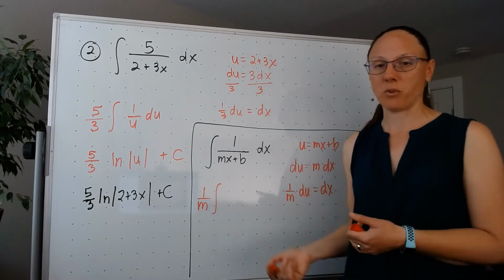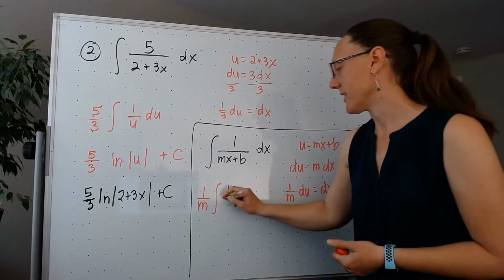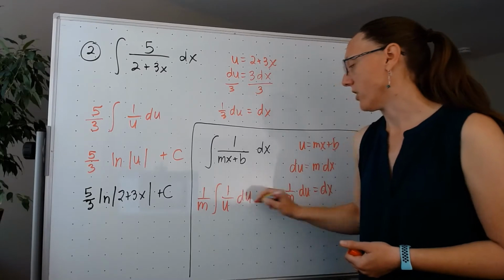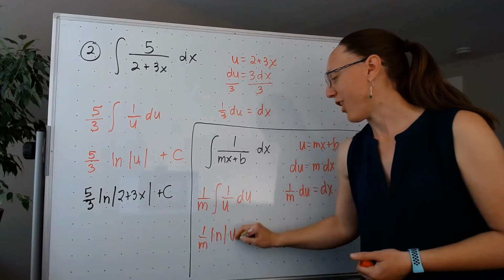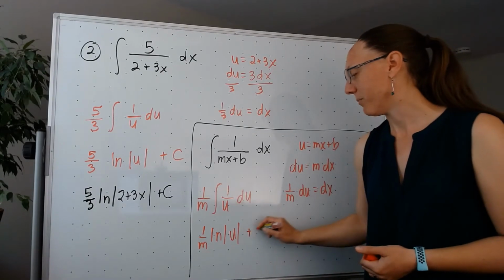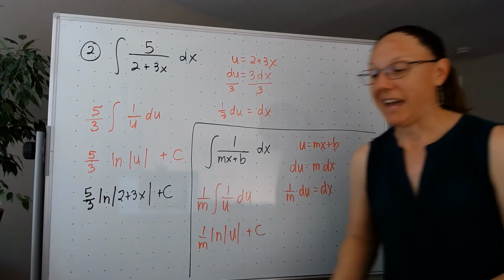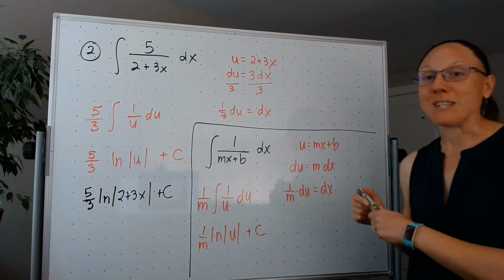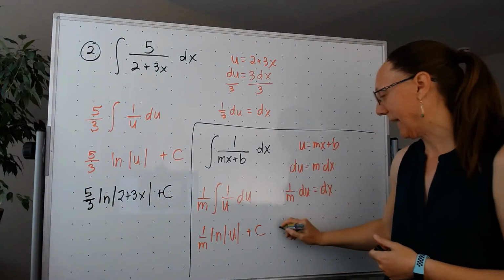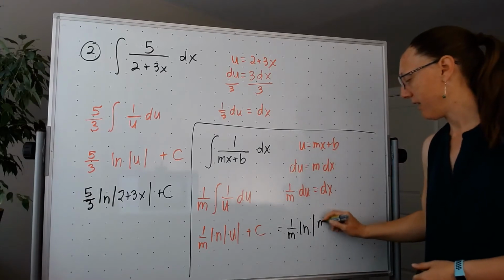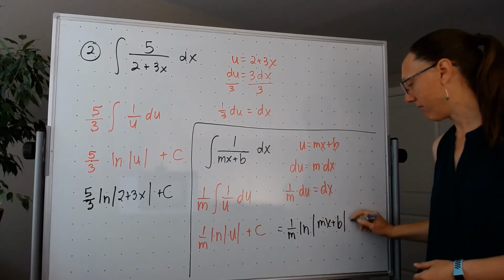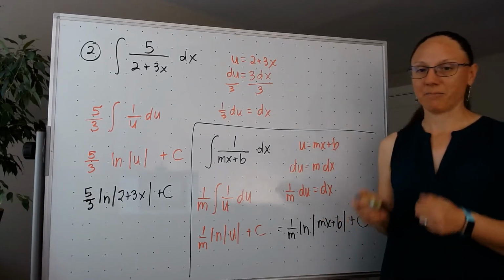Again, I choose to pull that constant out in front, times 1/u du, or 1/m natural log absolute value of u plus c. And then finally, once we plug everything back in, 1/m ln absolute value of mx plus b plus a constant.